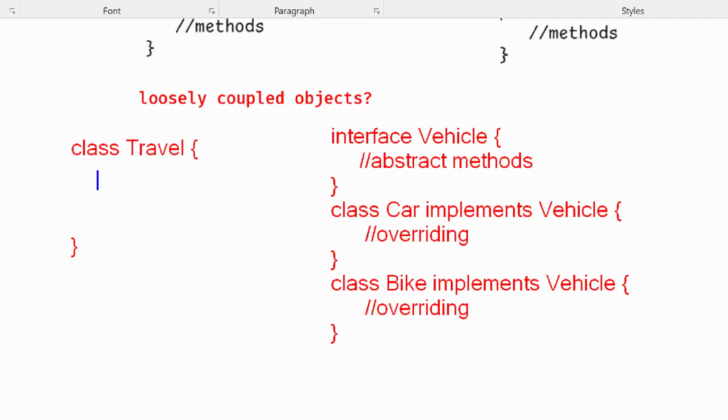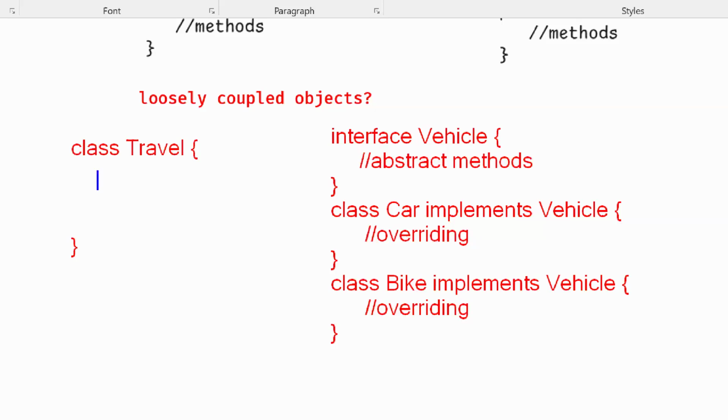Interface does not have a constructor. Am I right or not? A constructor will be there only for classes, but not for interfaces. Interface is purely abstract, so we can't create an object.